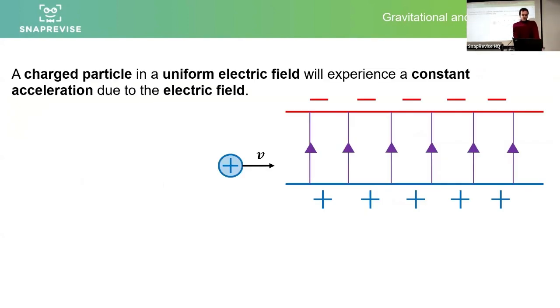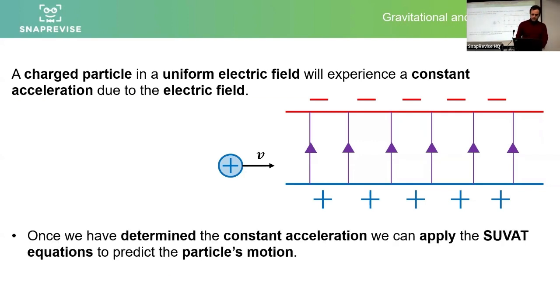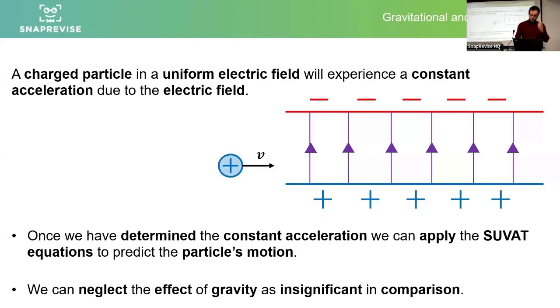A charged particle in a uniform electric field. Okay, so a uniform electric field will have a uniform force on it, and it'll therefore have a constant acceleration. So it'll deviate from its path. It'll form a parabola, just as if it's falling in a gravitational field on the surface of planet Earth.